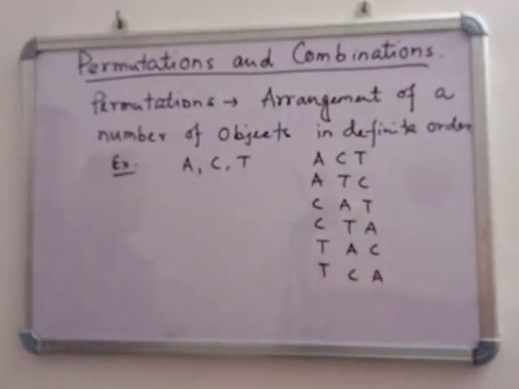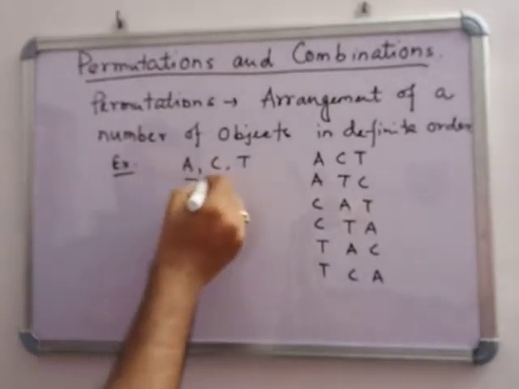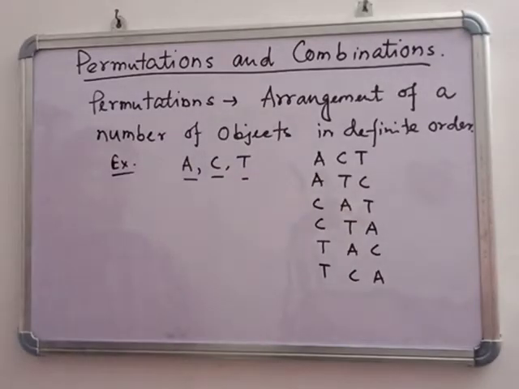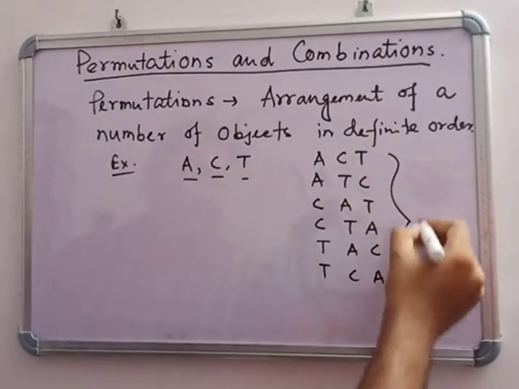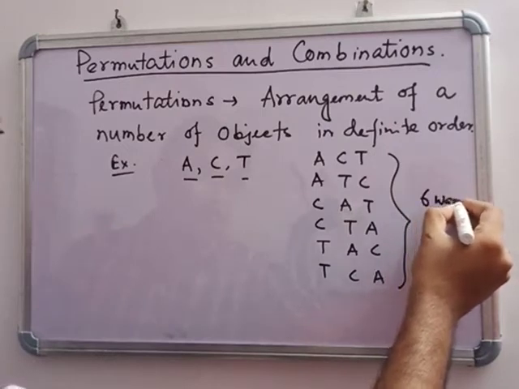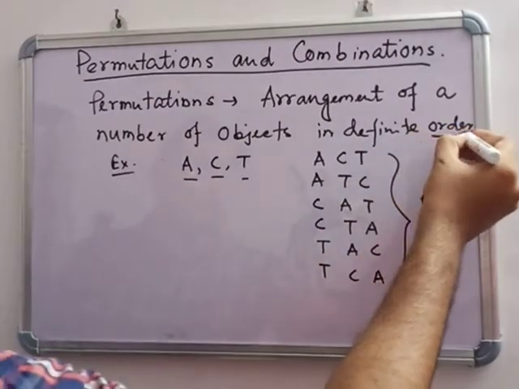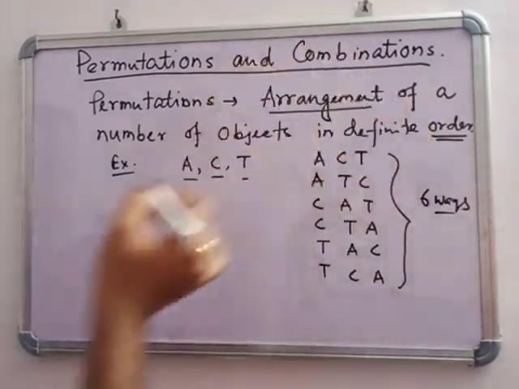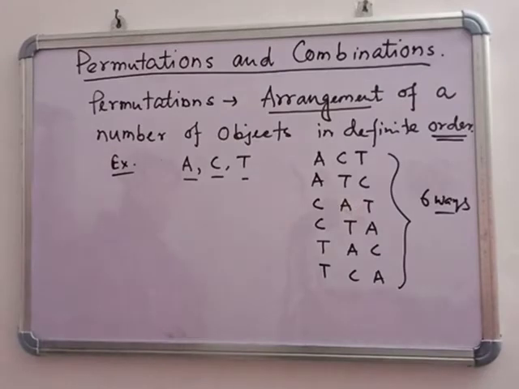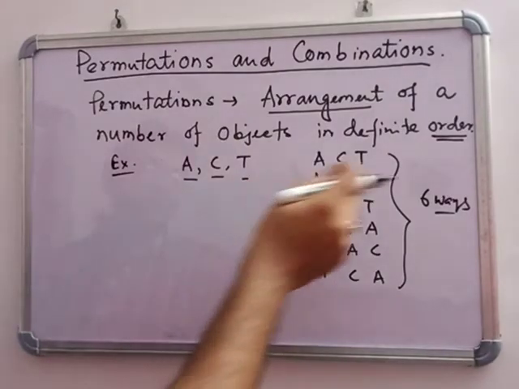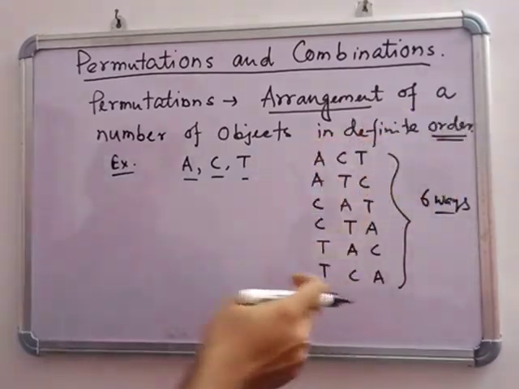So 6 different arrangements we can make with these letters A, C and T. That means 6 different ways are there to arrange them in order. So these two important words: arrangement and order. We have to arrange this word ACT in definite order. Okay.